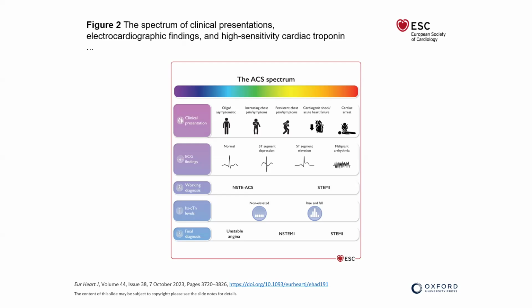They may present in cardiogenic shock. They may present with cardiac arrest, or they may come with chest pain of variable descriptions, which may be sharp, retrosternal, heaviness in the chest, burning sensation, and so on.